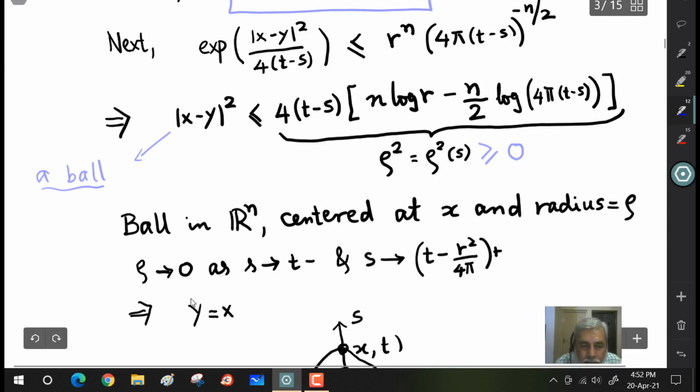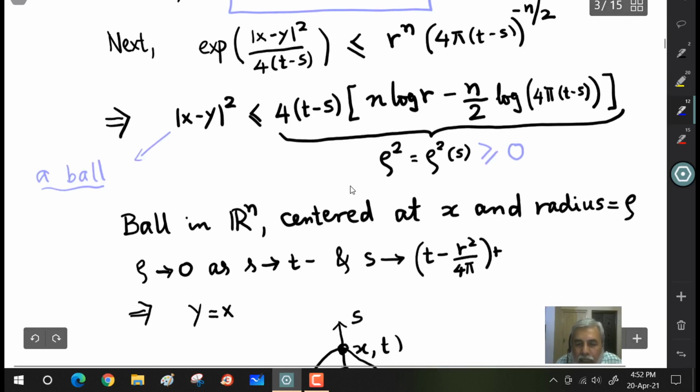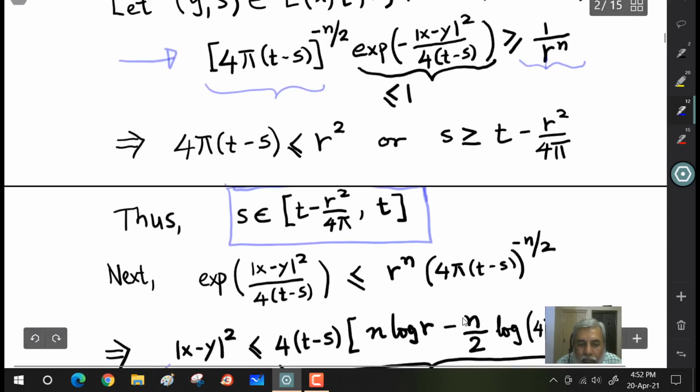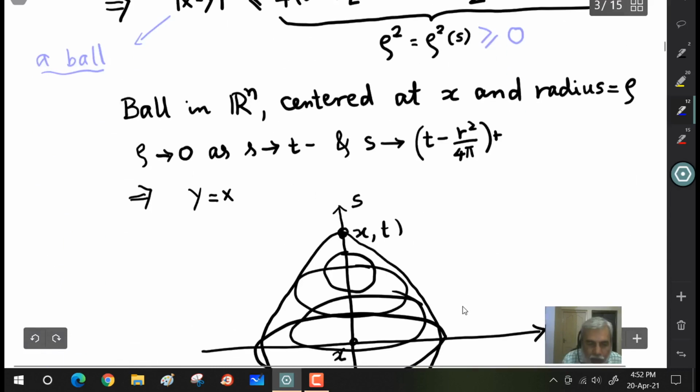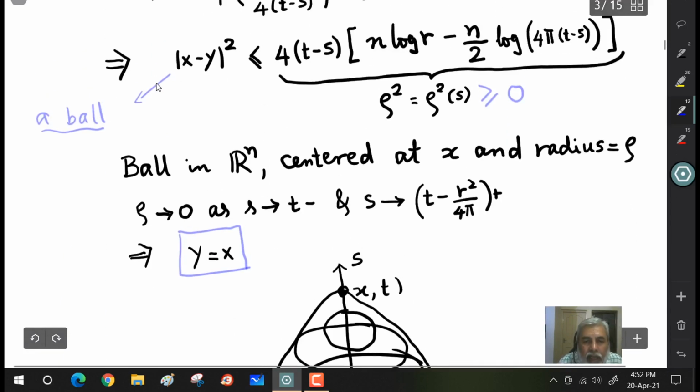And as s goes to t, s is always less than or equal to t, so this radius becomes 0, and the same thing happens as s goes to the other limit, t minus r^2 by 4 pi. So at both values of s, obviously y has to be equal to x, because this is a non-negative quantity.